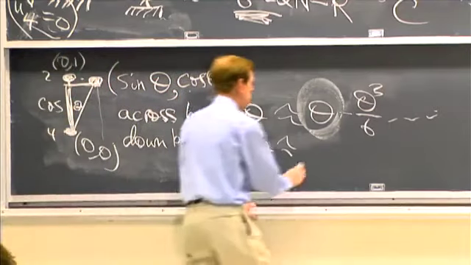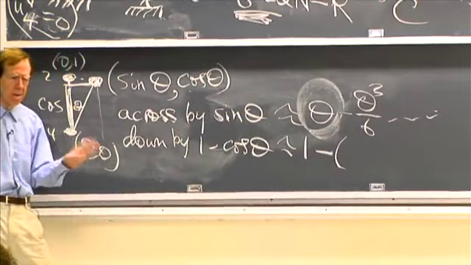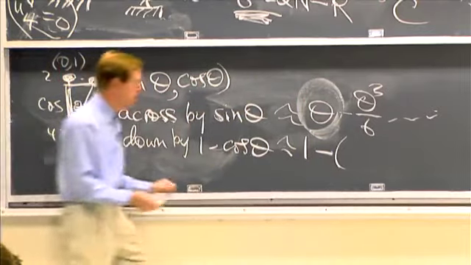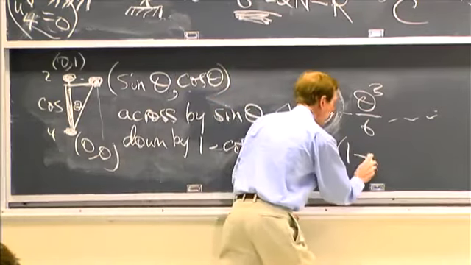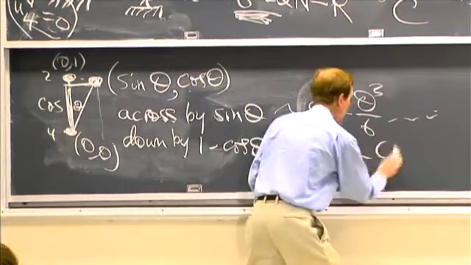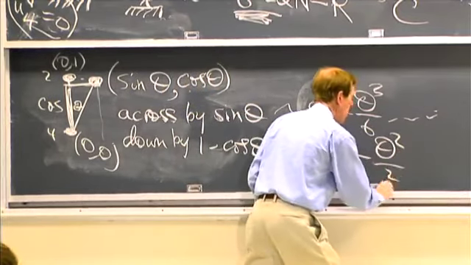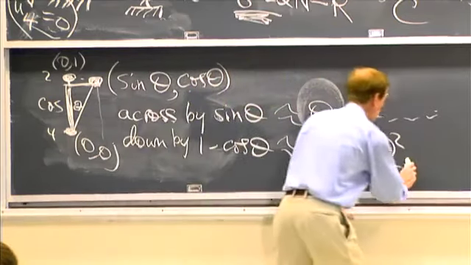And 1 minus cosine theta. Now, what's the formula for cos theta? This is like a 1, because of course cosine of 0 is 1. And then you subtract theta squared over 2, and so on, and then plus theta fourth over 24, whatever. Okay.